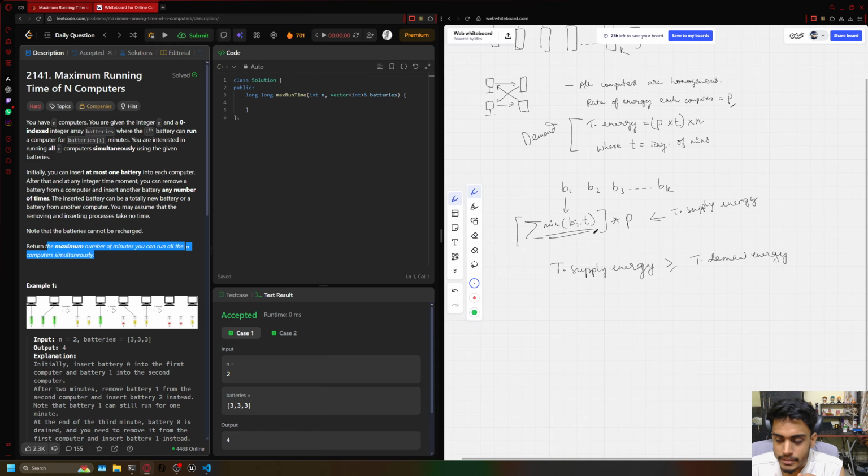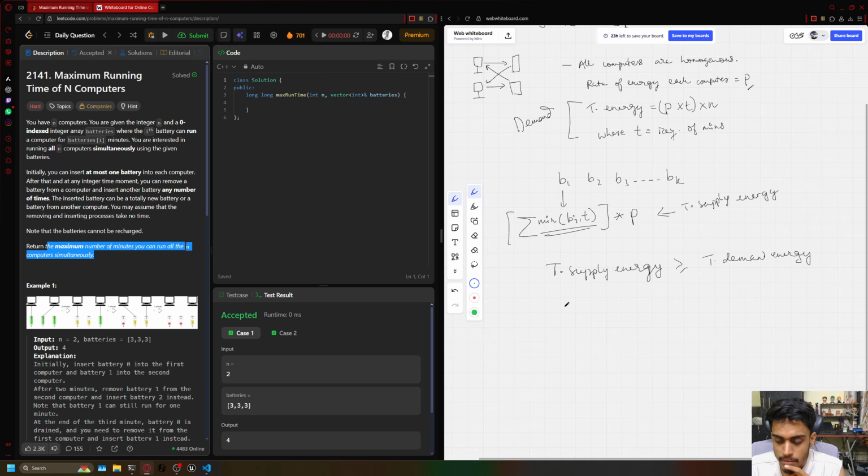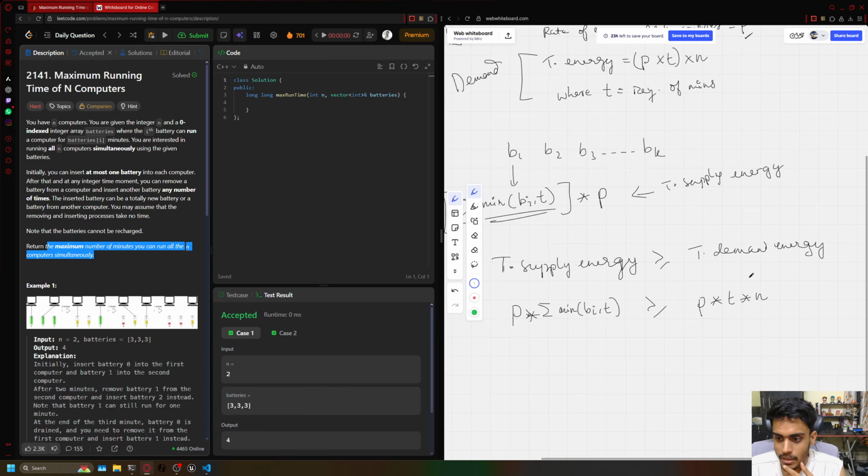Now if I compare these two expressions, this will become P times the summation of the minimum of each battery's contribution, which should be greater than or equal to my demand equation, which is P times T times N.